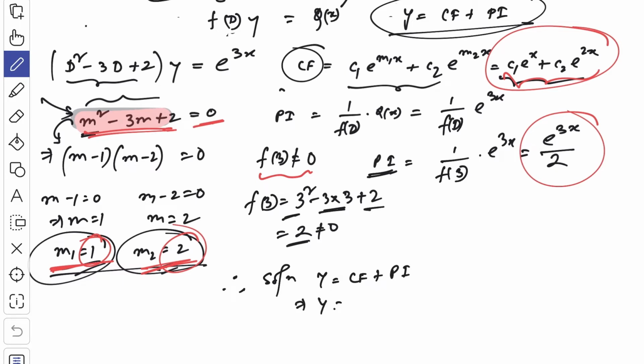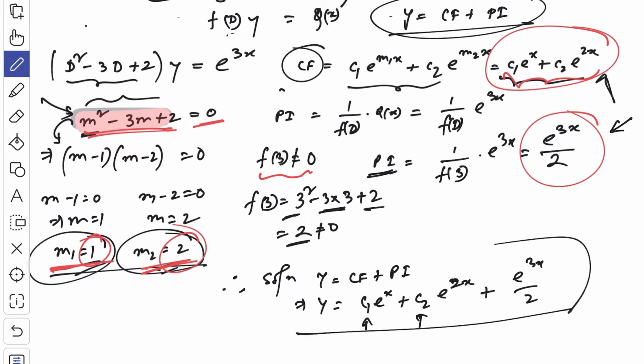Let's put this CF and PI here: y is equal to C1 e to the power x plus C2 e to the power 2x plus e to the power 3x by 2, where C1 and C2 are constants. So this is our solution. That's how we can solve.